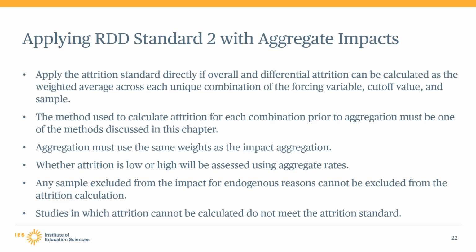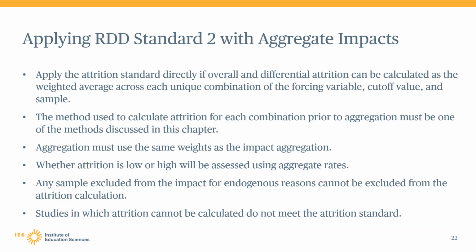For example, if a study were conducted at 5 separate sites, study authors might report aggregate impacts if they estimated intervention impacts separately for each of those 5 sites and then combined those 5 impact estimates together into a weighted average.